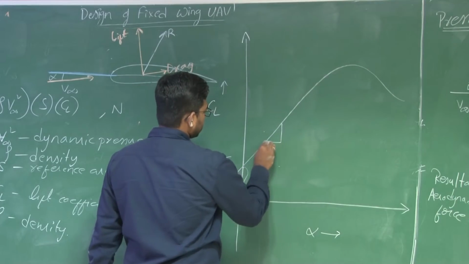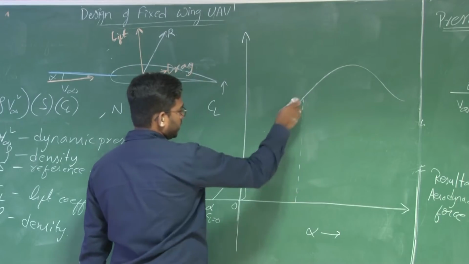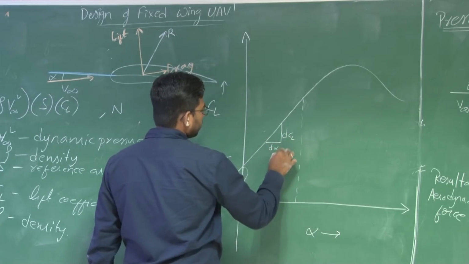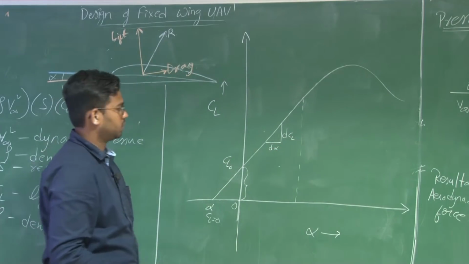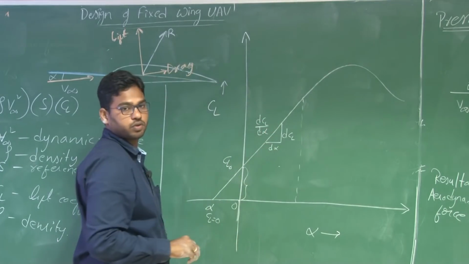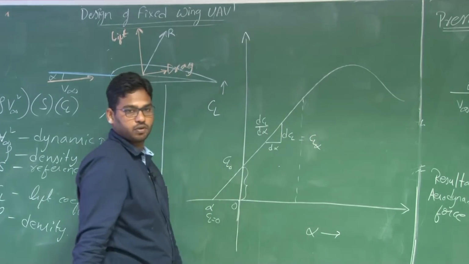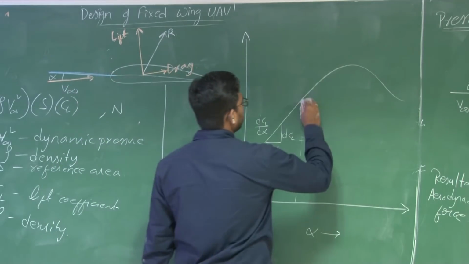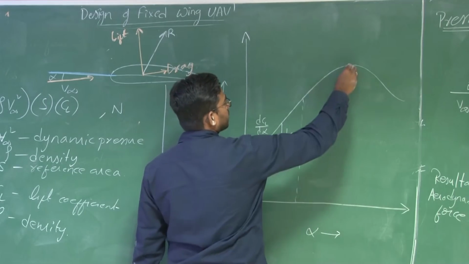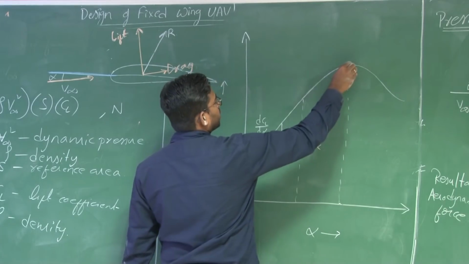And this slope, until a certain angle of attack, almost remains linear. Within this region, you can define the slope dCL by d alpha, known as the lift curve slope, often termed CL alpha. Beyond this there is certain non-linearity, and if you further increase the angle of attack, the CL becomes maximum.